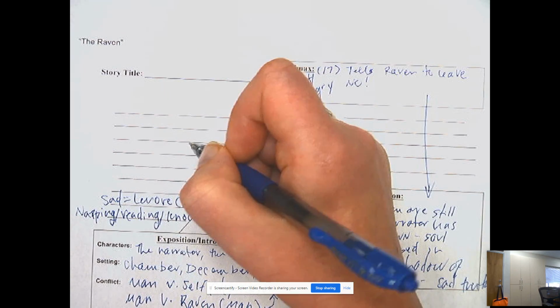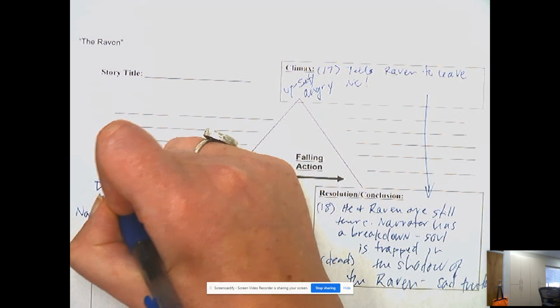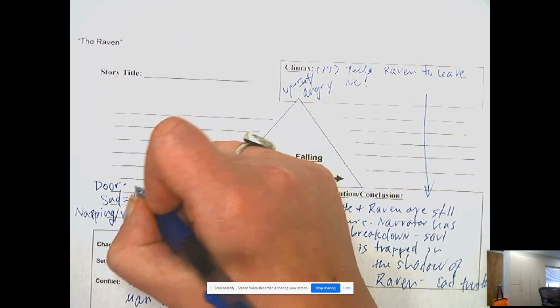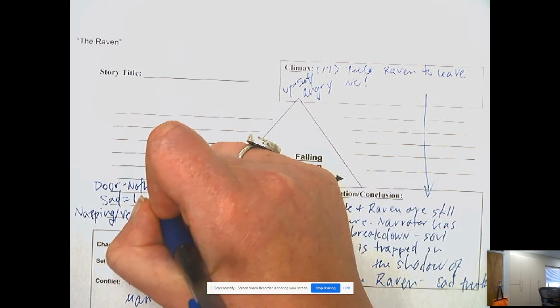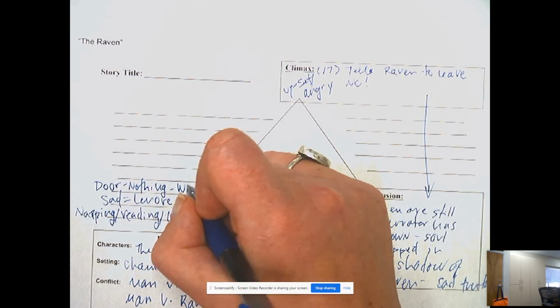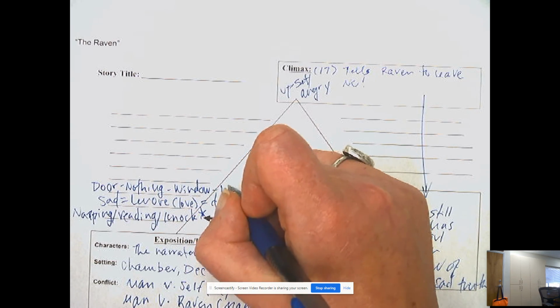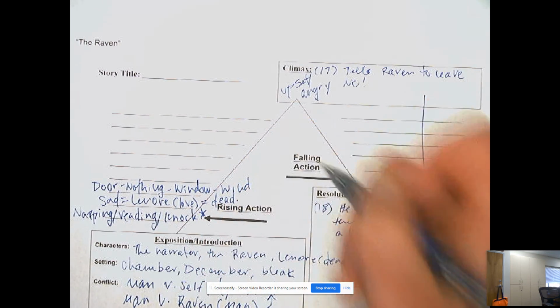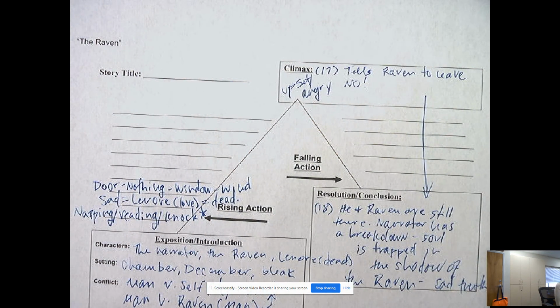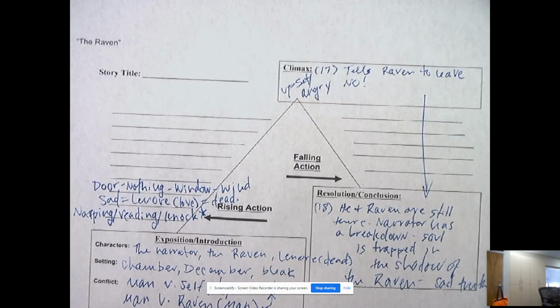After this, the knocking continues, and he opens the door, and there's nothing. The knocking moves to the window, and he blames the wind. And I believe he opens the window, I think, is what we get from this, and there's nothing there.